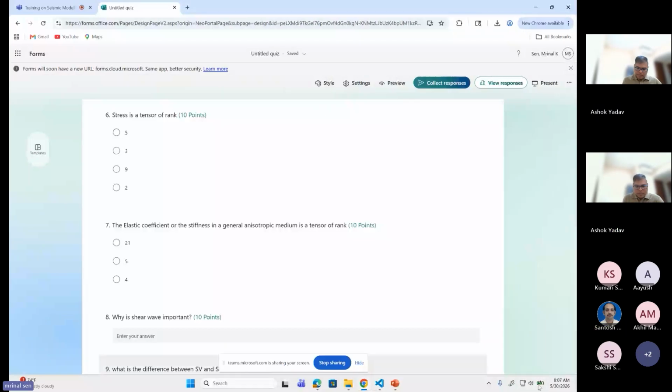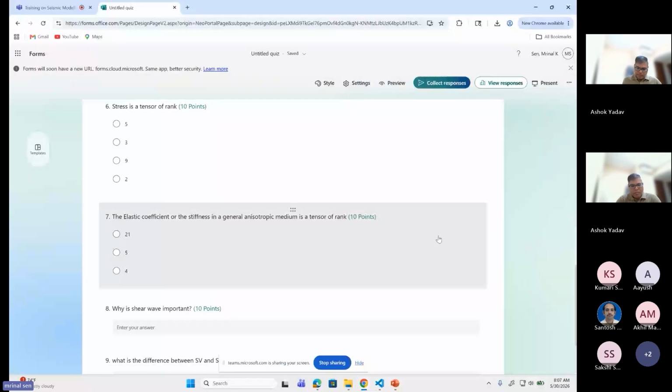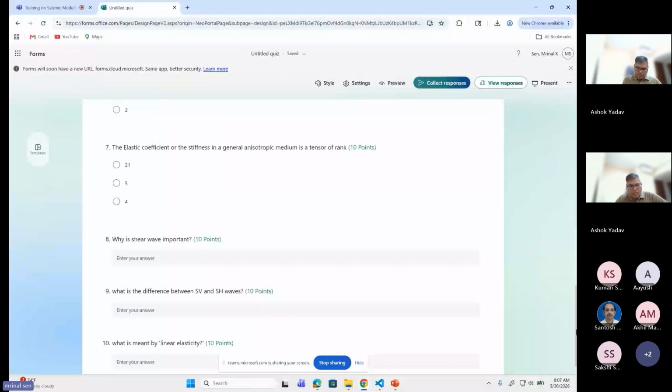Now, why is shear wave important? We didn't mention this in the class, but from your experience, anybody who's doing quantitative interpretation? Shear waves are more useful when we want to differentiate the fluid properties, when we compare P and S. Yeah.